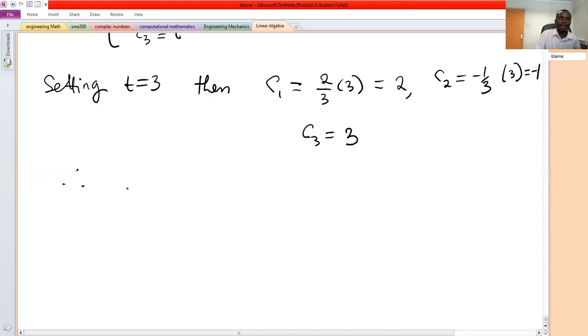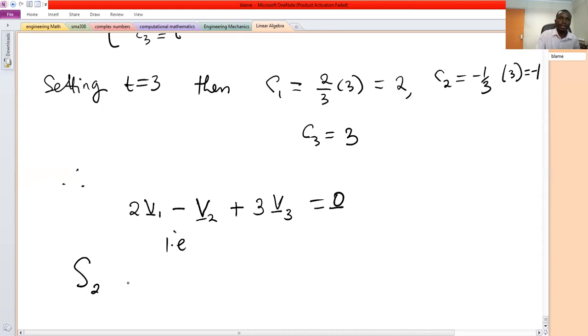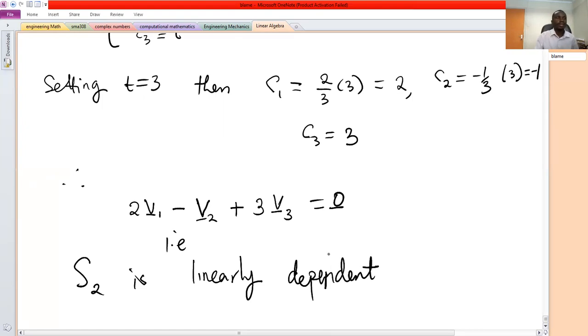Therefore, we have 2 V1, C2 is minus 1, so minus V2 plus 3 V3 equals to the 0 vector. I.e. S2 is linearly dependent because all the values of the Ci's are non-zero.